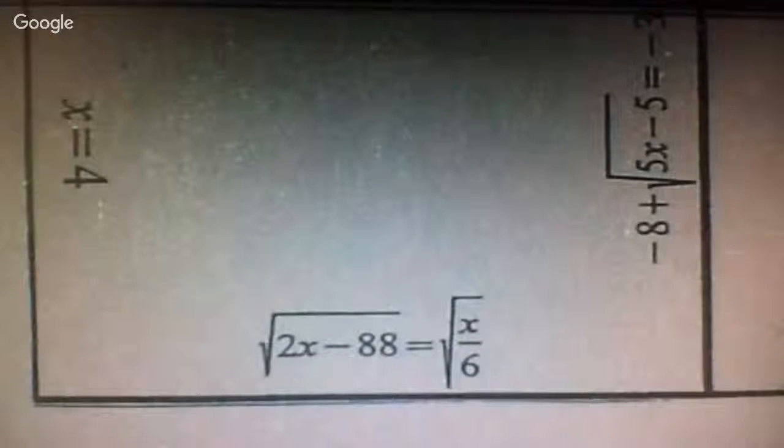When I do that, I'm left with 2x minus 88 equals x divided by 6. Remember, your square root and your square cancel each other out, and you're left with what's there.